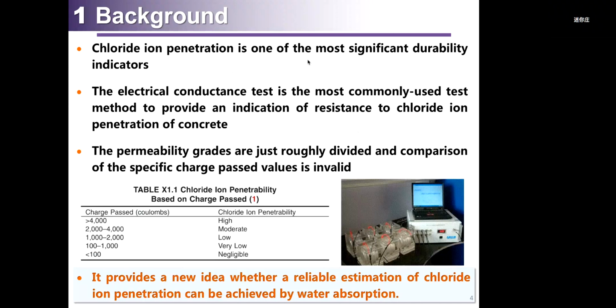Chloride ion penetration is one of the most significant durability indicators. The rapid chloride permeability test, such as the electrical conductance test, is one of the most commonly used test methods to provide an indication of resistance to chloride ion penetration of concrete, in which the permeability grades are just roughly divided and the comparison of the specific charge passed values is invalid, causing great inconvenience and confusion in the evaluations of transport properties and durability.